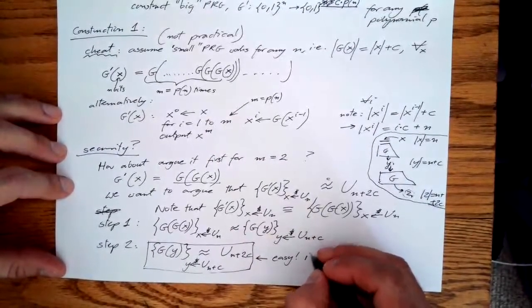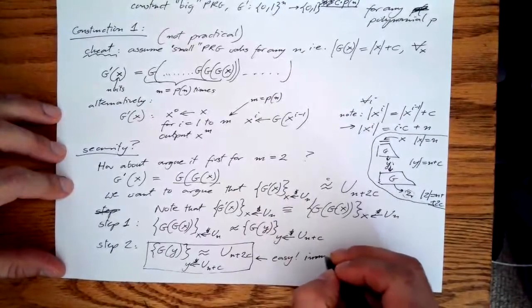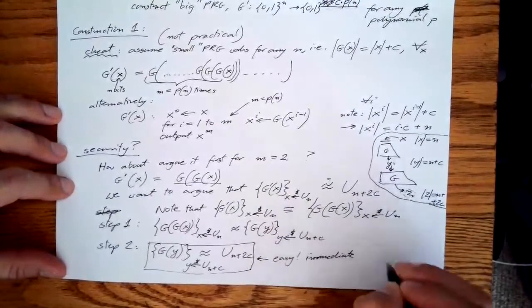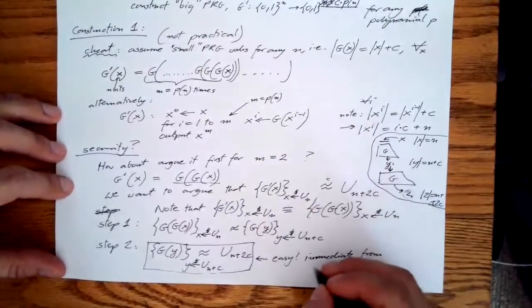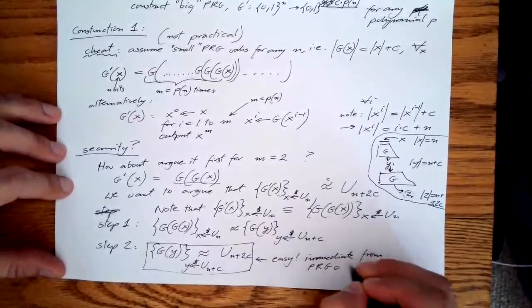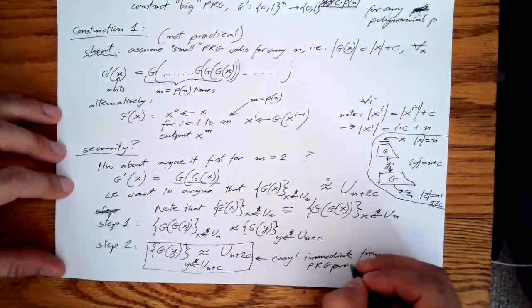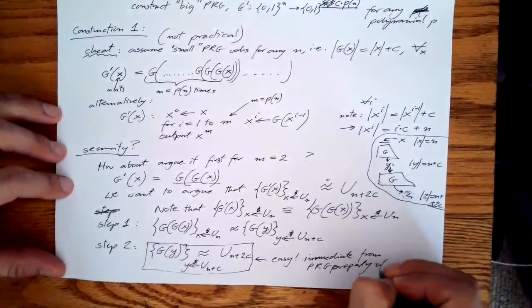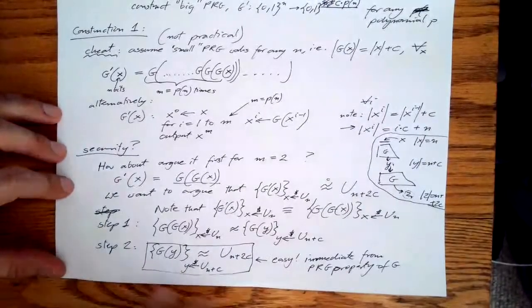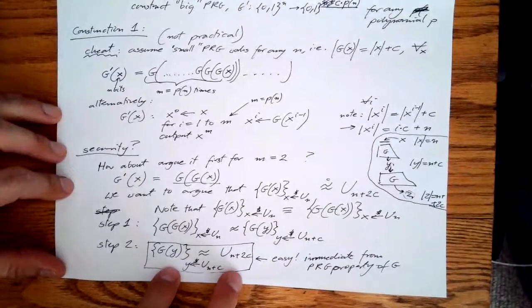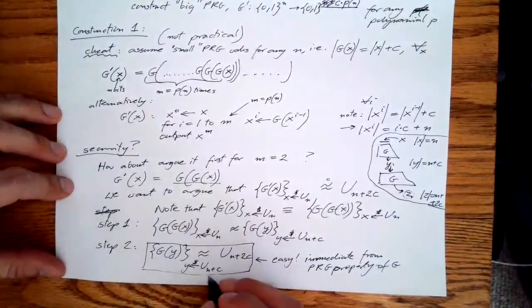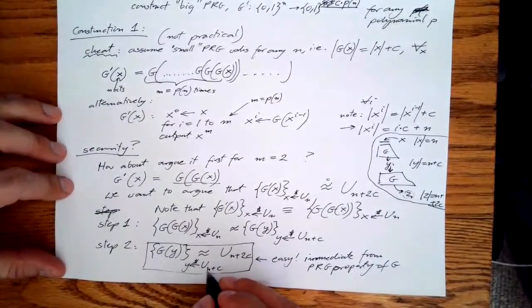It's immediate from the PRG property of G, because this is explicitly what the PRG property is. I'm just renaming the lengths.